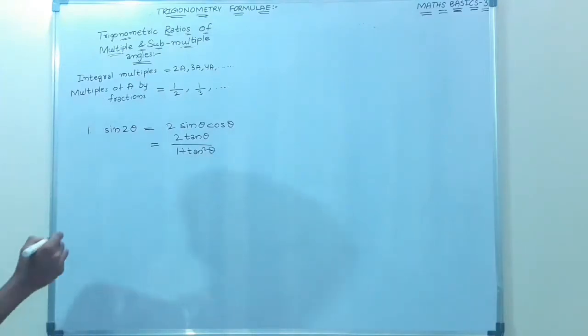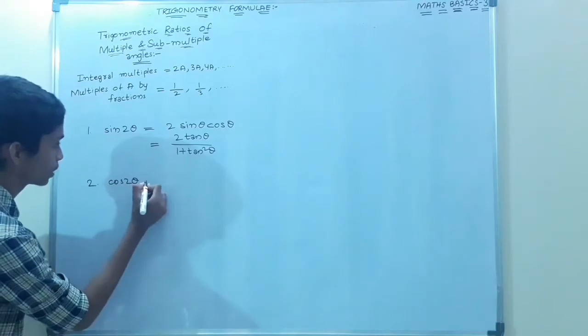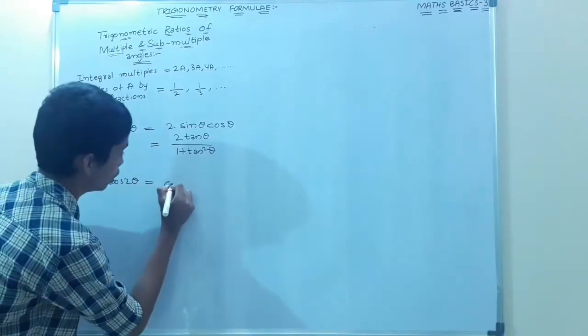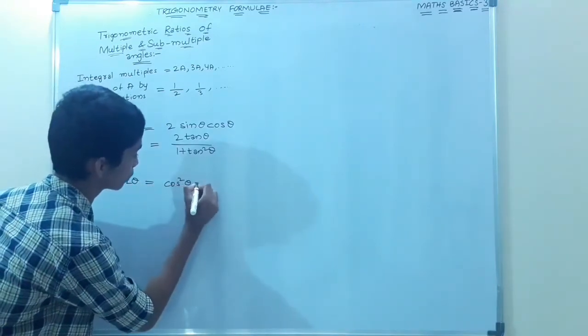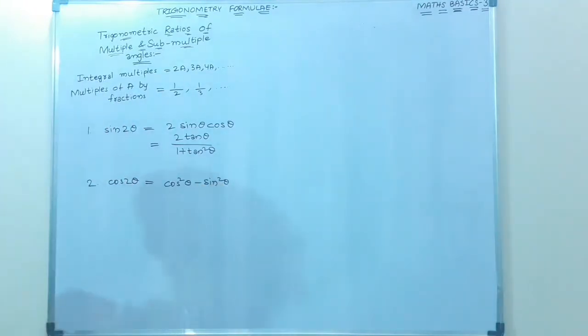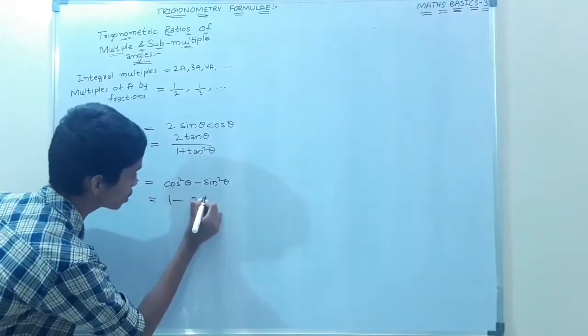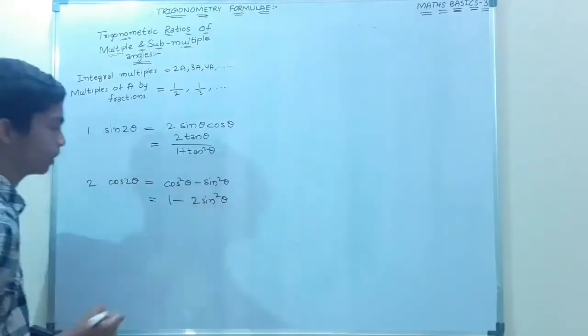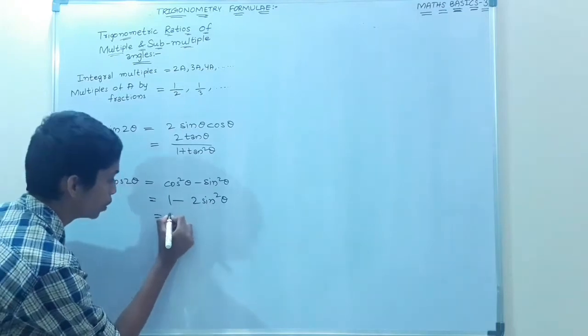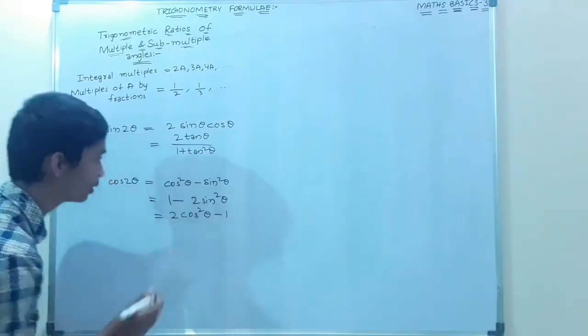And coming to cos 2 theta, it is equal to cos square theta minus sine square theta, and we have many formulas like that. That is 1 minus 2 sine square theta and 2 cos square theta minus 1.